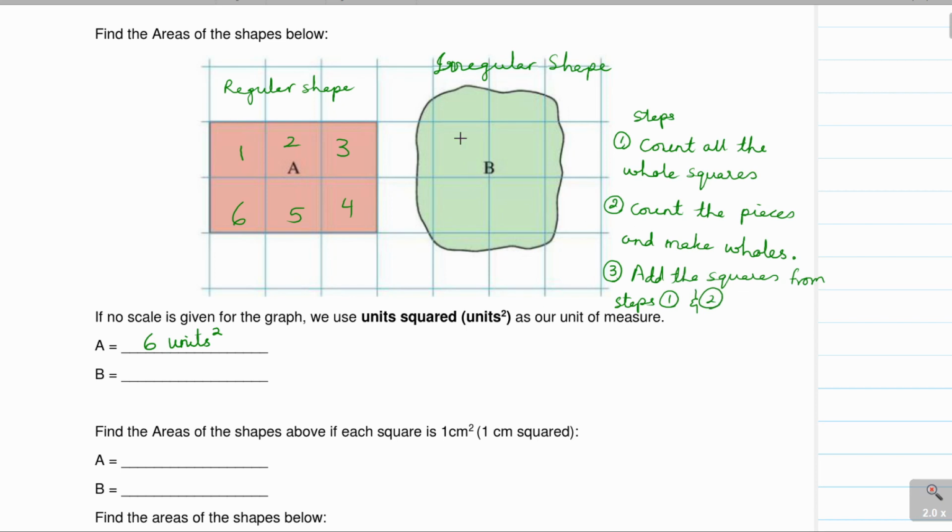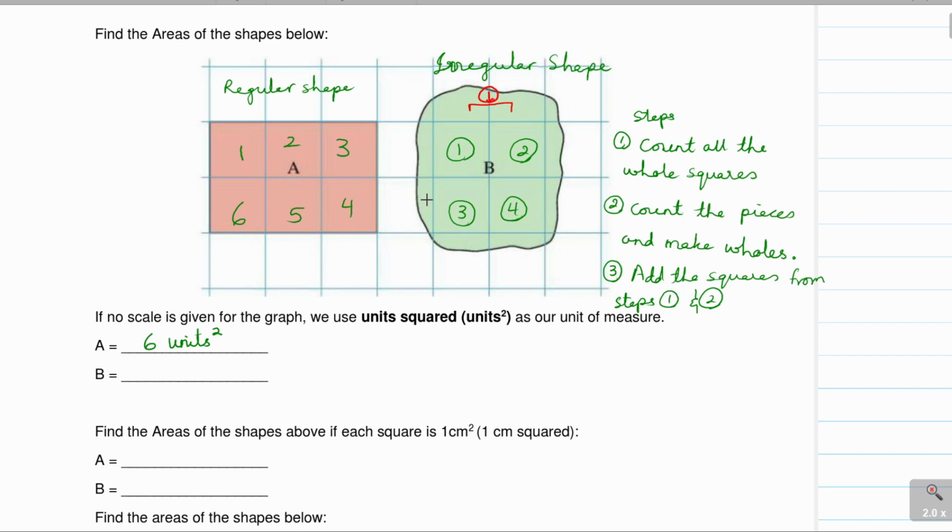Okay, so let's do that. Let's count all the whole squares first. We have 1, 2, 3, 4 whole squares. Okay, and then let's count up the pieces now to make wholes. Now this piece here looks like a half and this piece looks like another half. So these two here could make one more square.